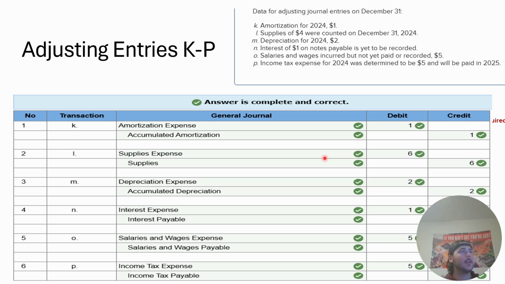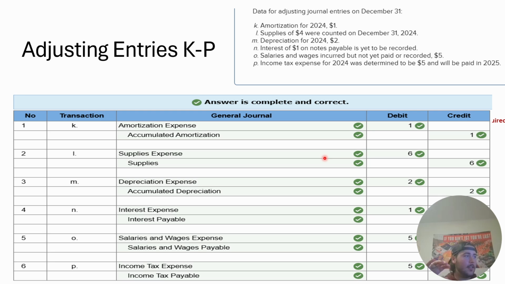Salaries and wages incurred, not yet paid or recorded, $5, or $5,000. Sorry, I keep doing that. So you debit 5 to salaries and wages expense and credit 5 to salaries and wages payable.